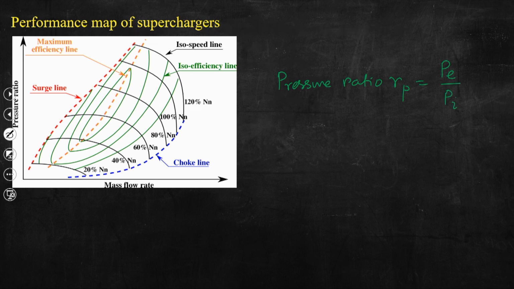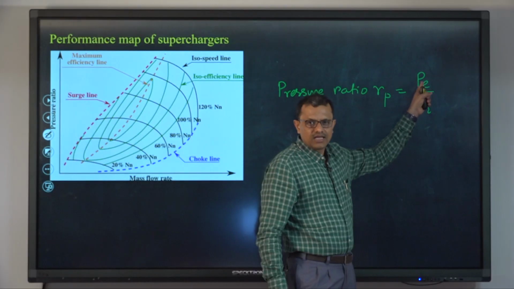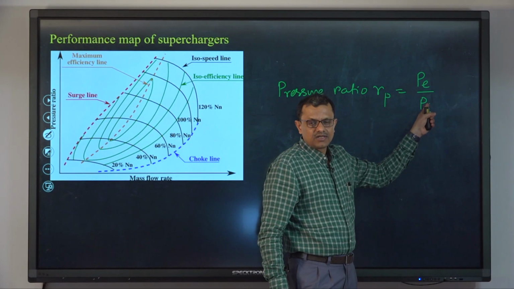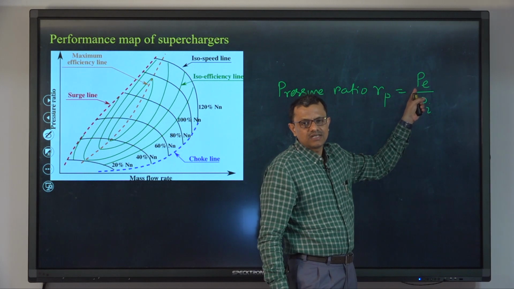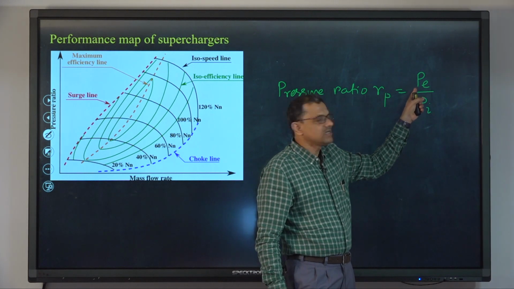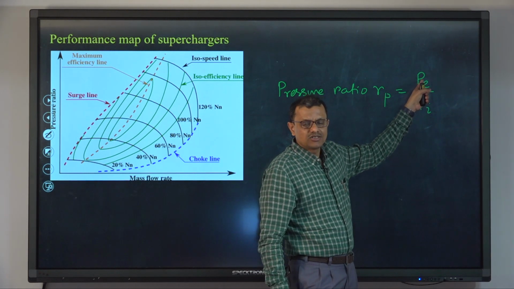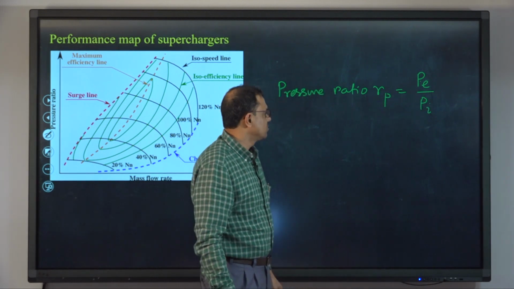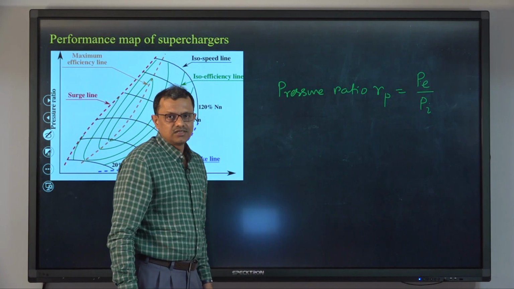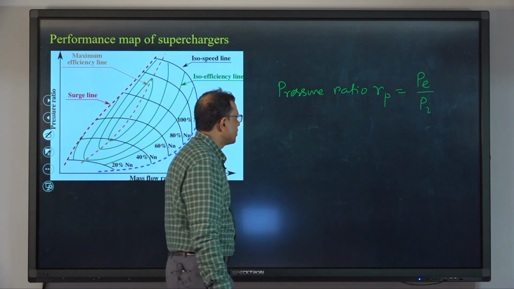So, the exit pressure of air to the inlet pressure of air. As the air passes through the compressor, there is a rise in pressure. So, the air pressure at the exit of the compressor to the pressure of air at the inlet to the compressor, this is known as pressure ratio or Rp.